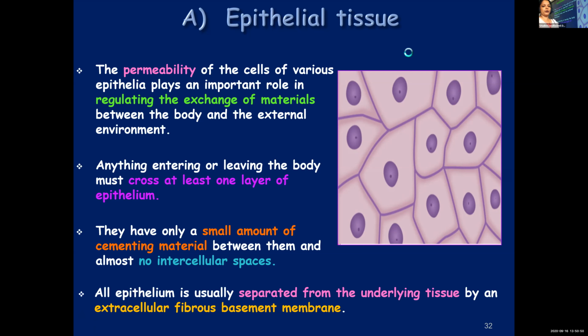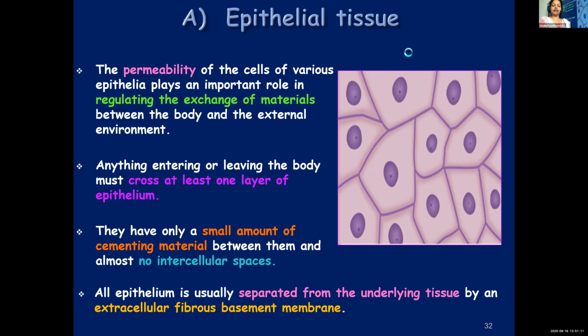And the last point: you know that epithelial tissue covers your internal organs, and your external part, the entire body, is covered by epithelial tissue. There is a membrane which separates the epithelial tissue from the underlying layers.